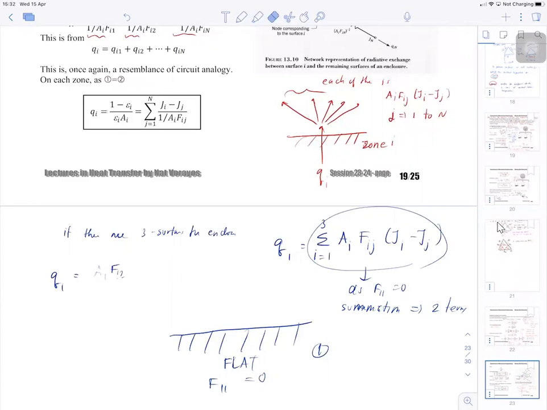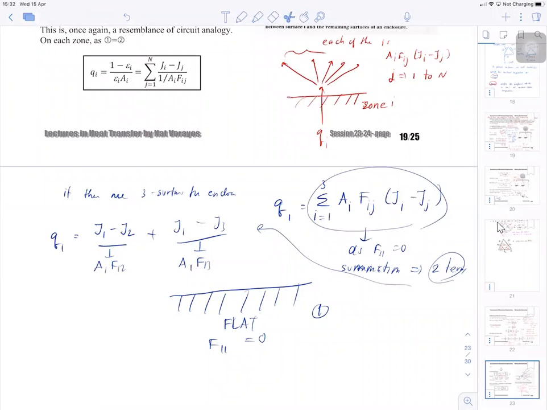Oh, I have to write this thing in this form. It's going to be J1 minus J2 over 1 over A1 F12 plus J1 minus J3 over 1 over A1 F13. See, 2 terms, okay?